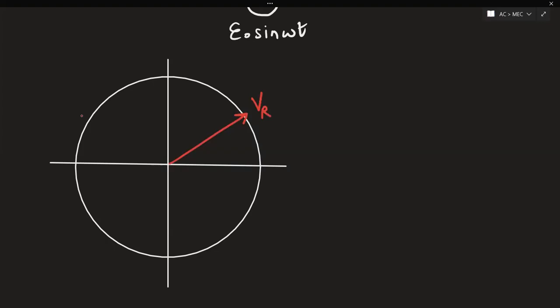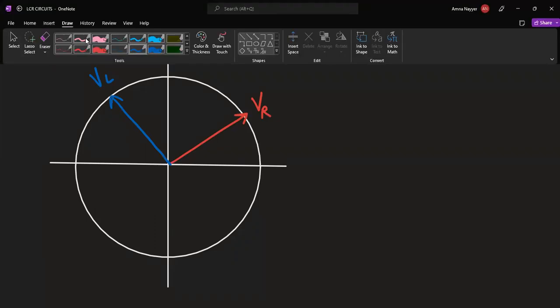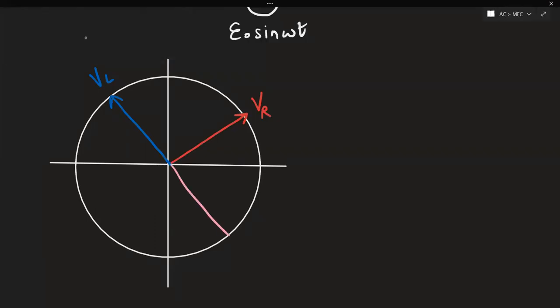This is the potential for the resistor. For the inductor, the EMF leads, so the potential will be VL like this. And for the capacitor, it will lag behind. This is how we draw the phasor diagram for the series LCR circuit.